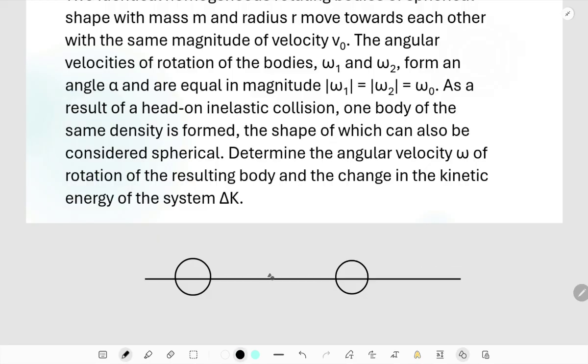Wherever the center of mass of the system is, their velocities are like this, and this is the common center of mass of the system I was talking about.